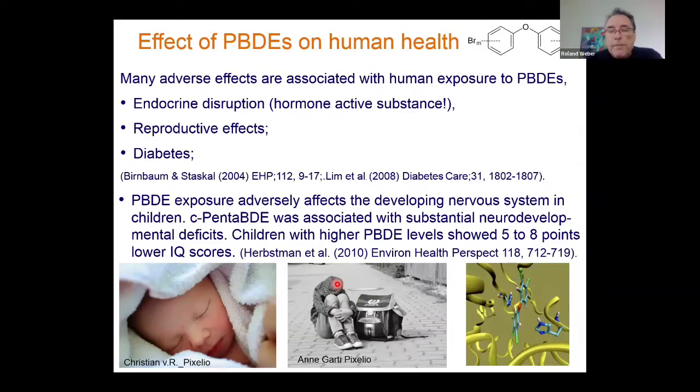Especially the commercial penta-BDE was and is associated with substantial neurodevelopmental deficits. Children with higher PBDE levels showed 5 to 8 points lower IQ score, which is quite much and quite relevant.